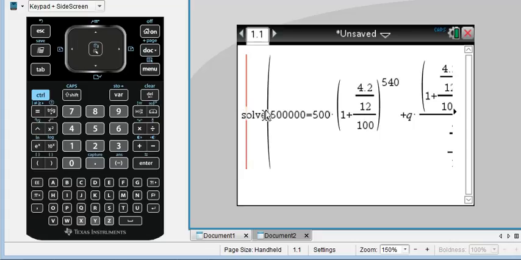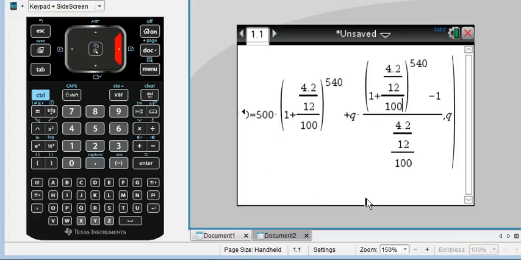So what we would need to do is solve, 500,000 is equal to P times (1 plus R, in this case 4.2 over 12 over 100) to the N, which is 540, plus Q times this beautiful looking fraction: (1 plus 4.2 over 12 over 100) to the 540 minus 1, and then in the bottom of the fraction, R over 100. Okay, and then always you need the comma and the variable you're looking for when you're using solve.